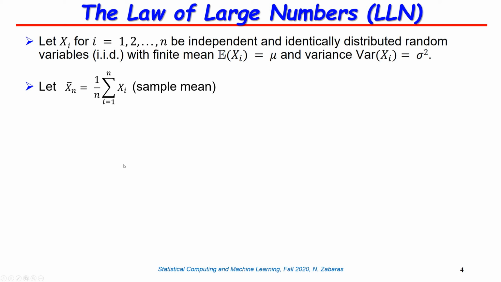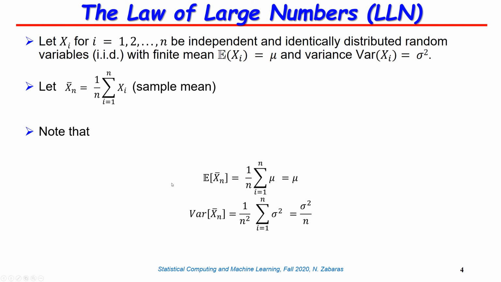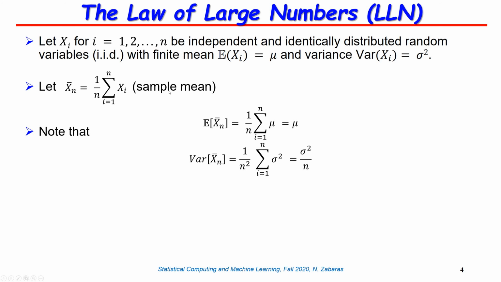If you take the expectation of the sample mean, remember that the xi's are independent, so when you compute the expectation you don't have a problem. The expectation of the sample mean would be 1 over n times the summation of the expectation of each xi, which is mu, so you get that the expectation of the sample mean is mu.